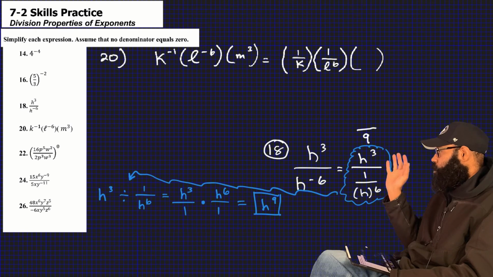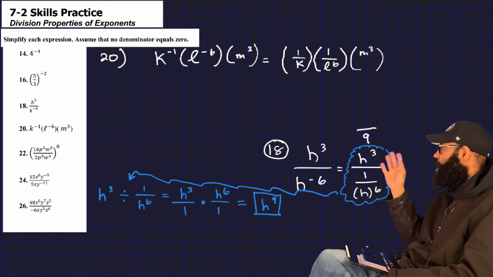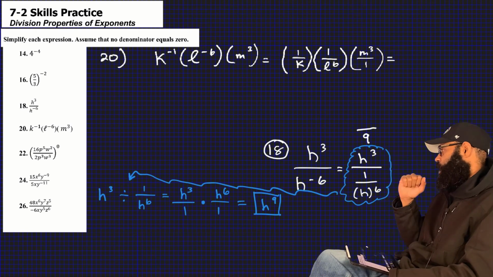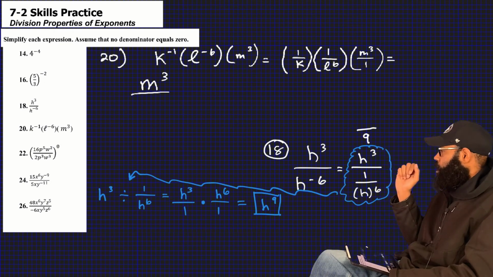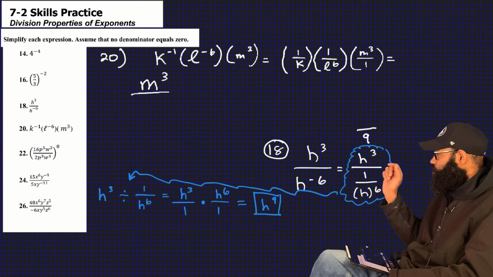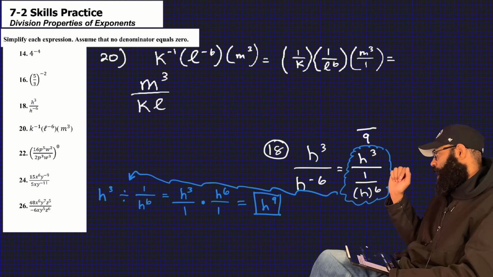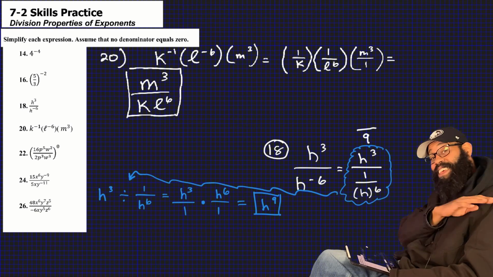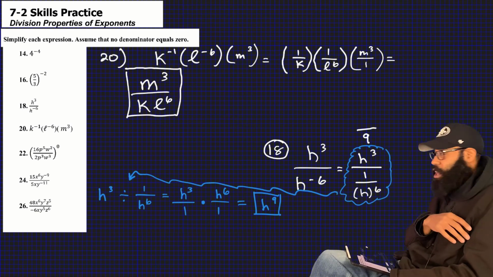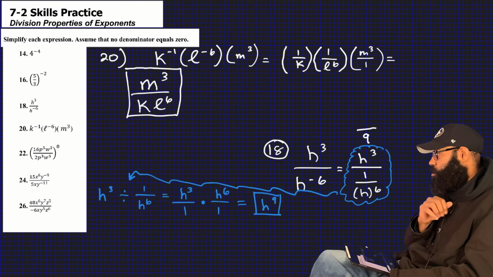But m to the third is still just m to the third, but I want to make it a fraction because the rest of them are fractions, right? So here it is, top times top times top, m to the third. Bottom times bottom times bottom, k, l to the 6th. And guys, that's it. I can't do nothing else. I know what m is. I know what k and l is, so I'm done.